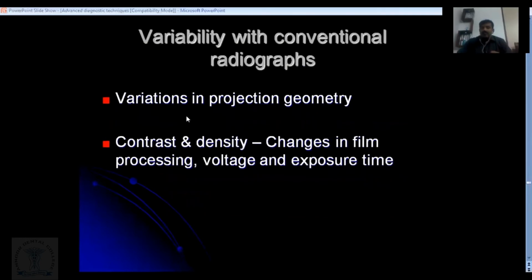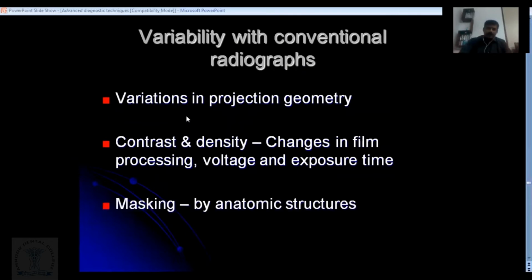Previously, nowadays we are using digital radiographs. Previously, when we used conventional radiographs, the films, there were problems associated with film processing. The exposure time, the voltage, everything had an effect on the final radiographic picture that you obtained.